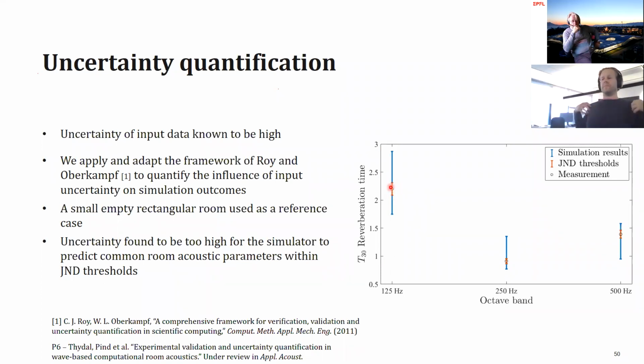So ideally, when we propagate all the input uncertainties through the model, our results should lie in this range. Then we're accurate enough. But actually, the results lie in this range here, so from 1.7 to 2.7 or something. So well outside the JND thresholds. So we need more accurate input data, is what this is implying.